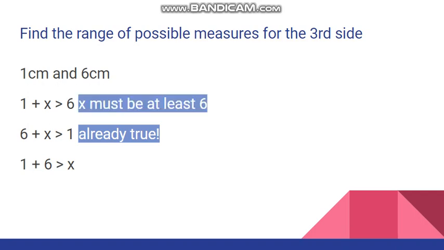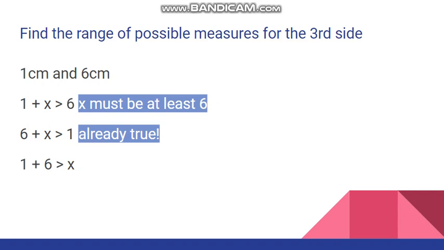So we know that for this one, x has to be at least 6, because if we add 1 to 6, it will be greater than 6. 1 plus 6 is 7, and 7 is greater than 6. All right? So the smallest x can be is 6. For finding the range, we have to find the smallest x can be and the biggest x can be. So this gives us the smallest x can be.